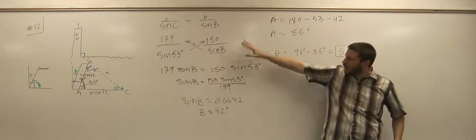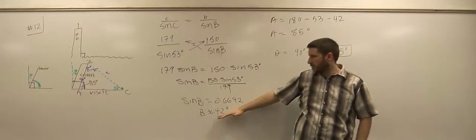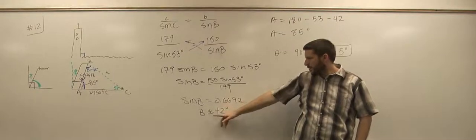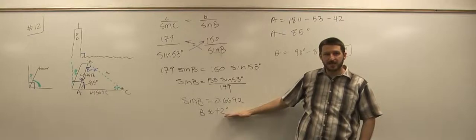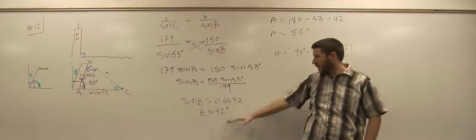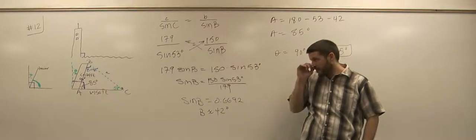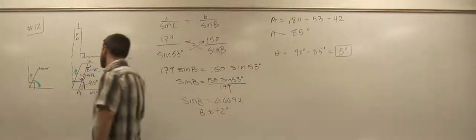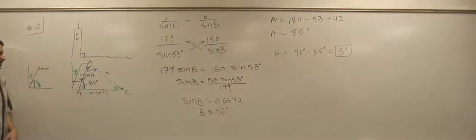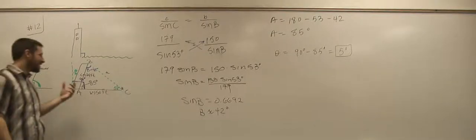Remember, when you do law of sines, you're always supposed to consider two possible triangles, right? Either B is equal to sine inverse of this, or you do 180 minus it. So our other possibility is 180 minus 42. How come we didn't do that? A couple of reasons.